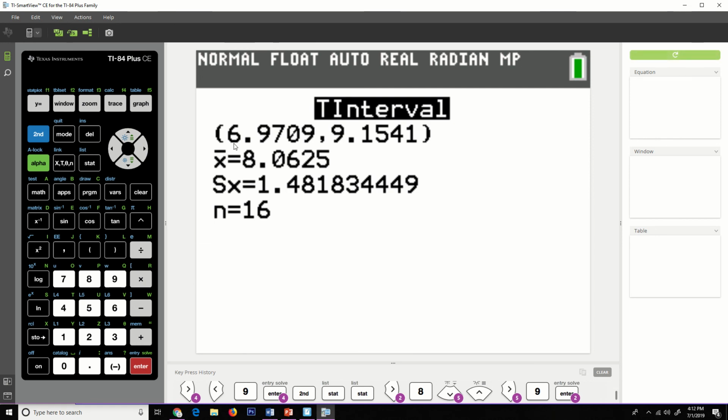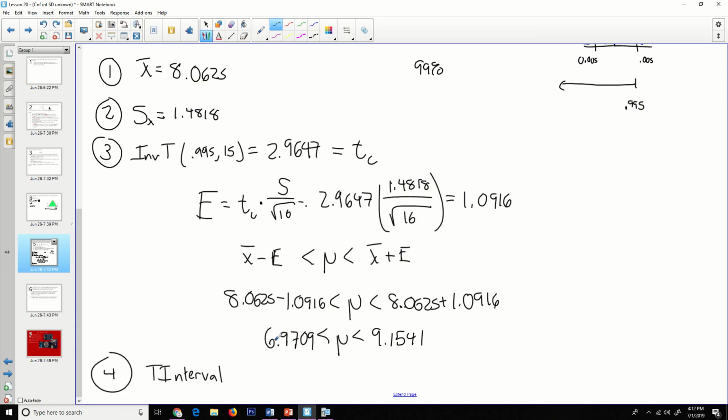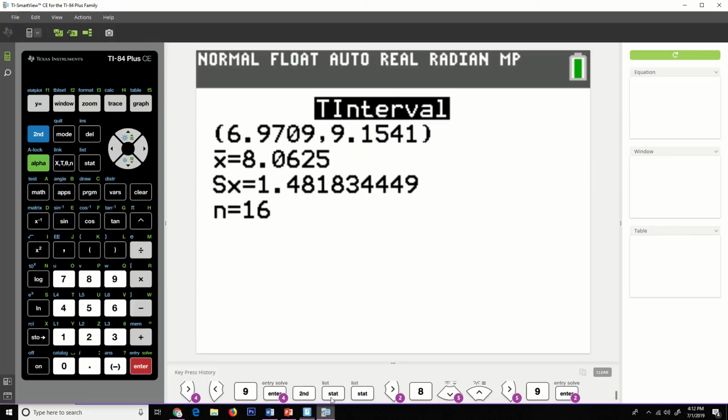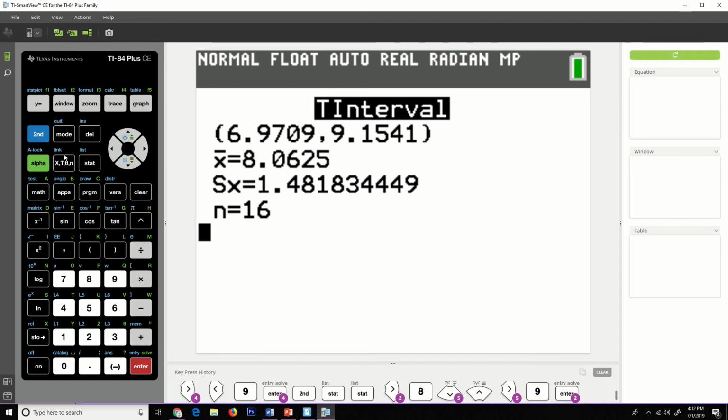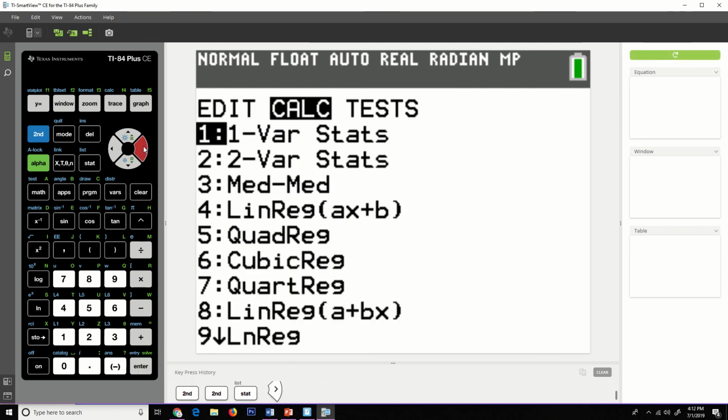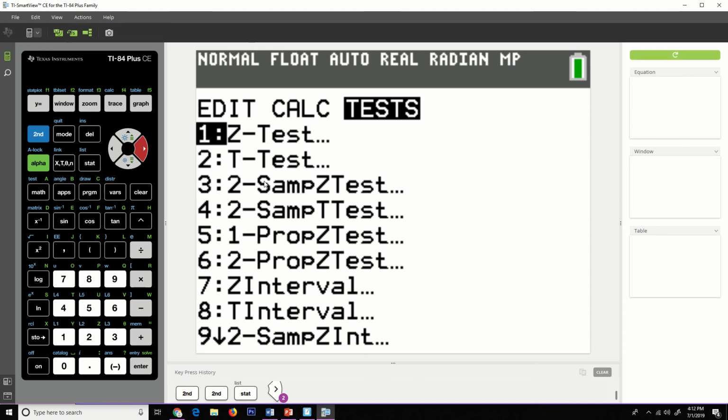and 6.9709, and then 9.1541. So just to reiterate, and this is for people with the TI-83s: if I hit stat, I go over to calculate tests, and we're going to do the t interval.